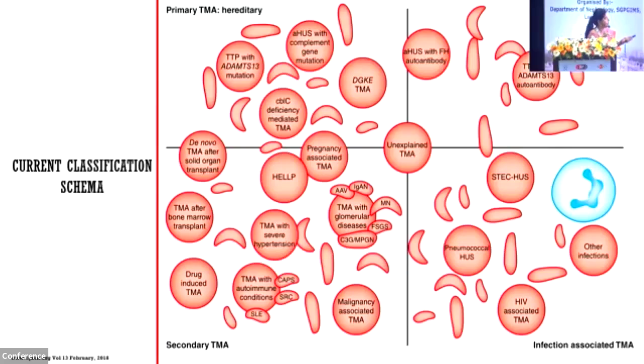Okay, these are classified under secondary, but there is more and more evidence that a huge proportion of people who develop these two TMA have an underlying genetic abnormality. So just keep all these things in mind when you evaluate patients with all these triggering conditions.